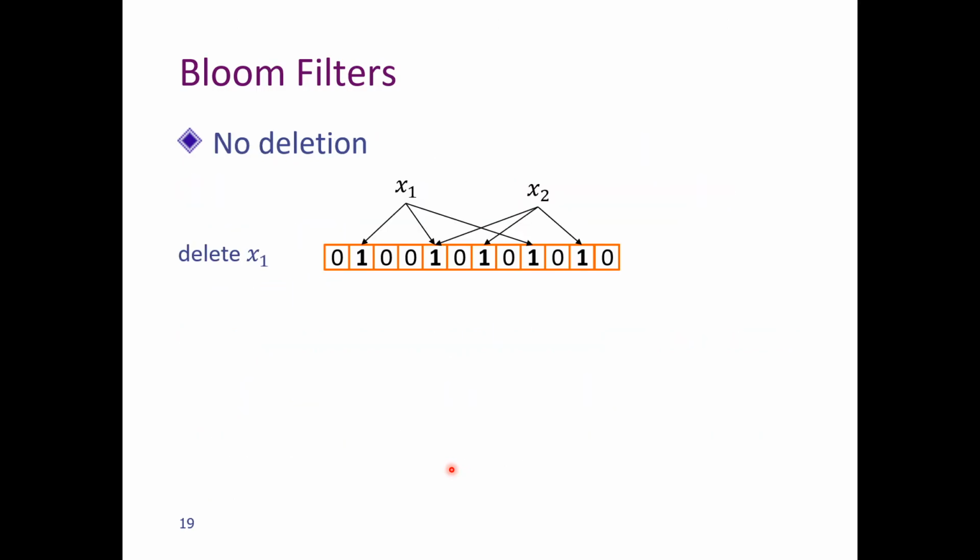So an obvious disadvantage of Bloom filters is that they do not support deletion. Why? Say we have inserted x1 and x2. We set the corresponding bits to 1. If we delete x1, then we want those bits to be back to 0, so we set them to 0, 0, and 0.